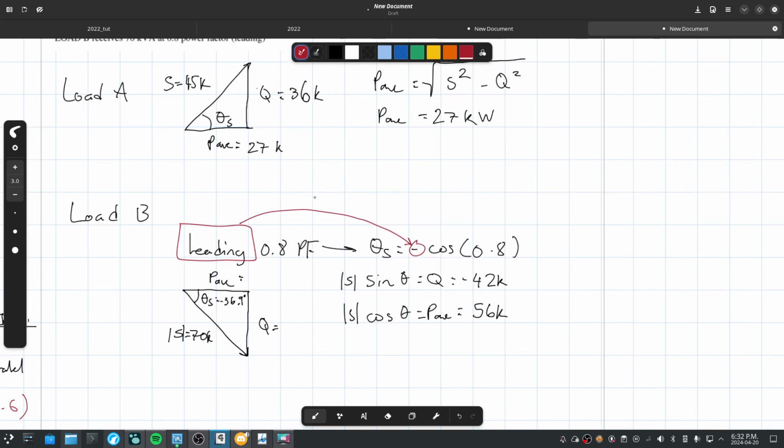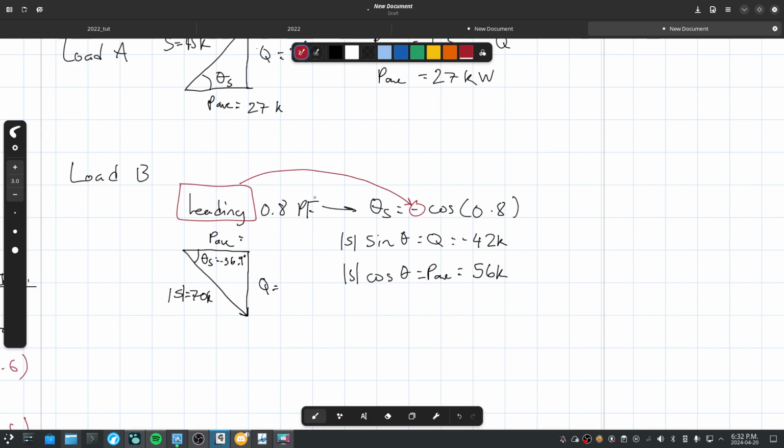Is that clear? This is negative 36.9 degrees. All right, so now we have our full triangle here. This is Q, so that's negative 42,000, and this is P average, which is 56,000.